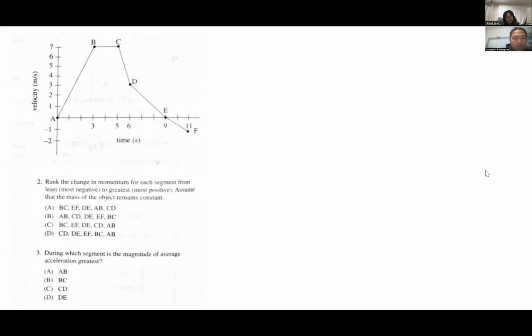For 2, I got D, and for 3, I got C. D, and 3 is C.